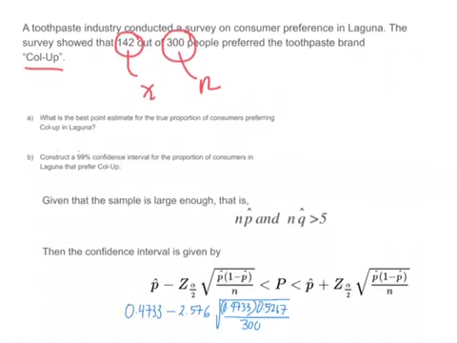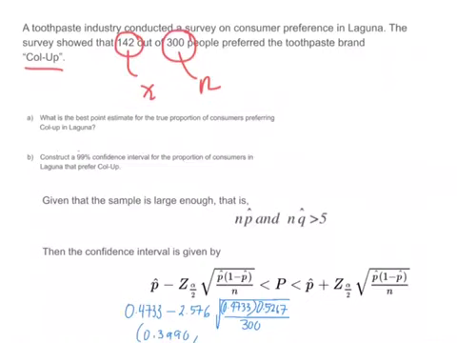So first, let's compute the P hat minus, because the P hat plus, which is the upper limit, can be easily solved by changing the minus sign into a plus sign. From my computation, this is equal to 0.3990. Now let's compute the upper limit.